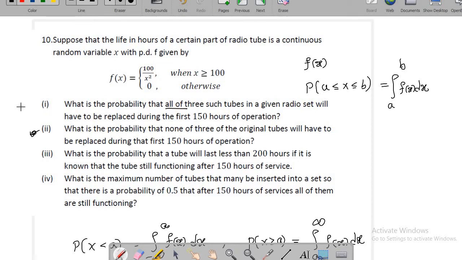If you don't want this to happen, then what are the other ways? It may happen that only one tube may be replaced, or maybe two tubes may be replaced, or no tubes will be replaced. So this is the opposite of the first statement.